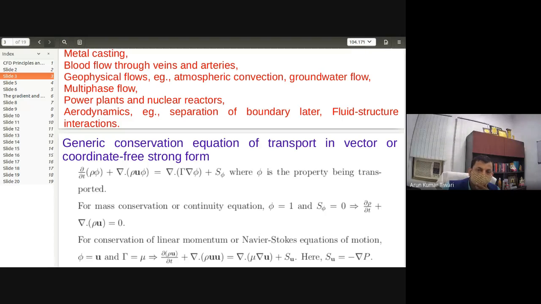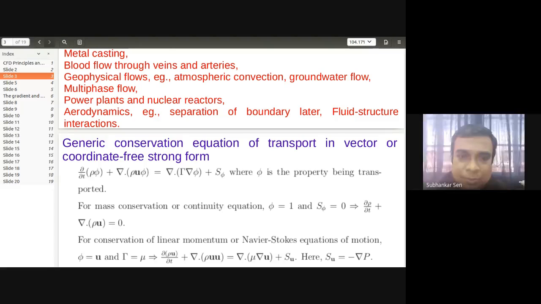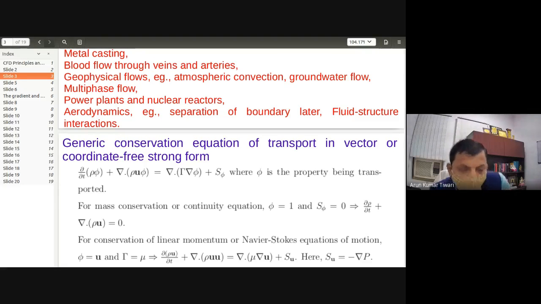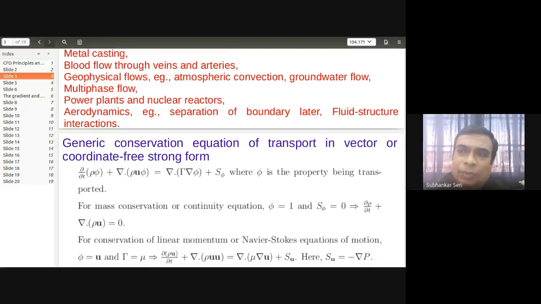In real life, in almost all the problems, the Reynolds number is not small. All real fluid flow problems are viscosity dominated flow problems where viscosity is very powerful.